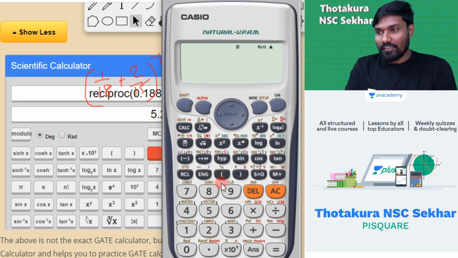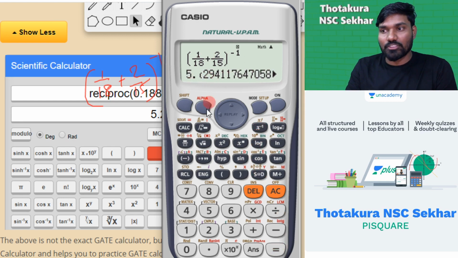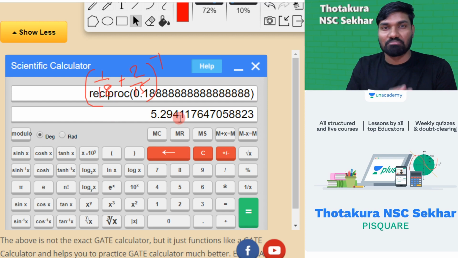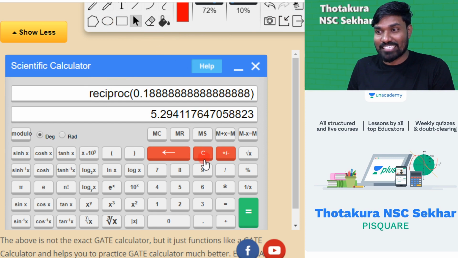Let me open the bracket, 1 by 18, plus 2 by 15, close the bracket and now use this inverse. 5.29 something, here also 5.29 something, same. Of course you'll get the same, provided you enter the details correctly.